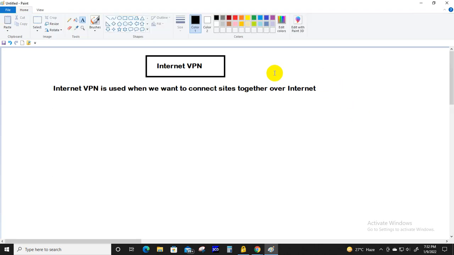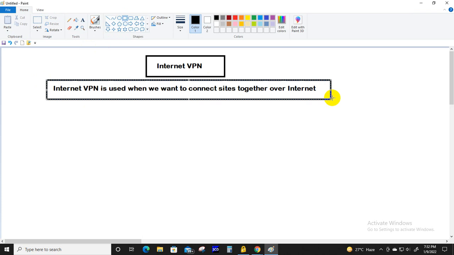As we know, internet is a shared network. What we can use?